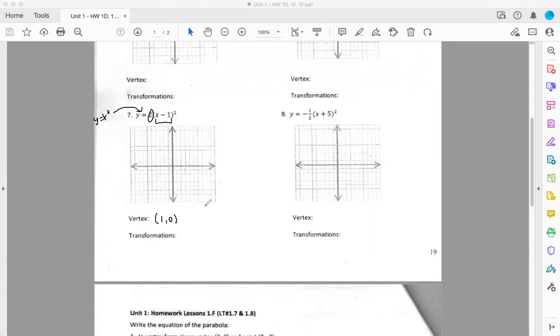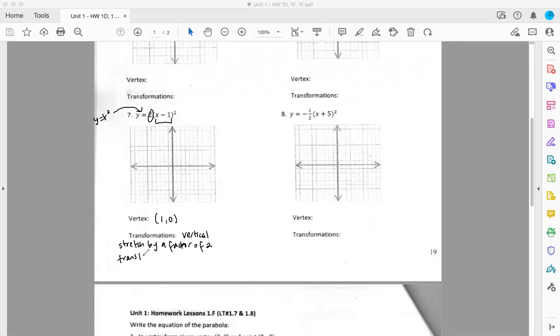The 2 on the outside is a vertical stretch by a factor of 2. And then the x minus 1, and then translation.